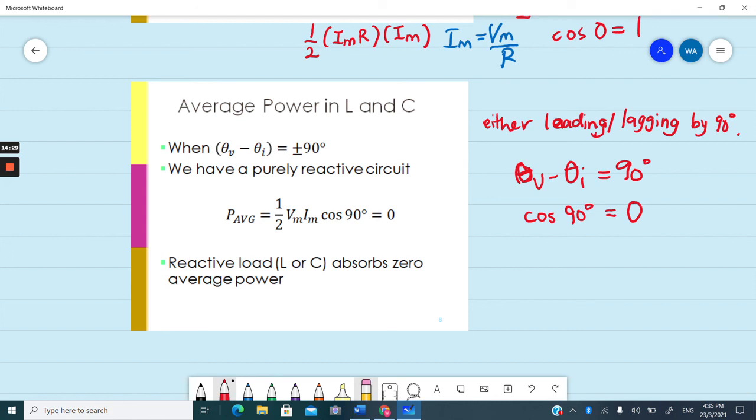So the average power for inductor and capacitor will equal 0. We call this a reactive load: an inductor or capacitor absorbs zero average power, and the circuit is a purely reactive circuit.